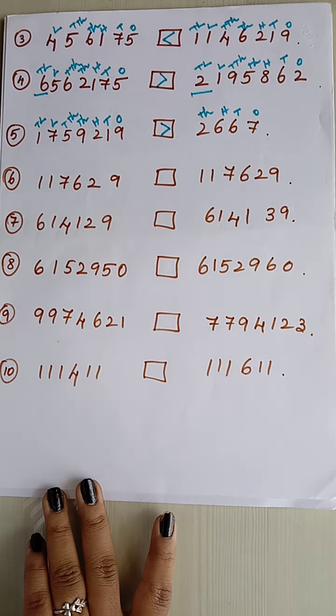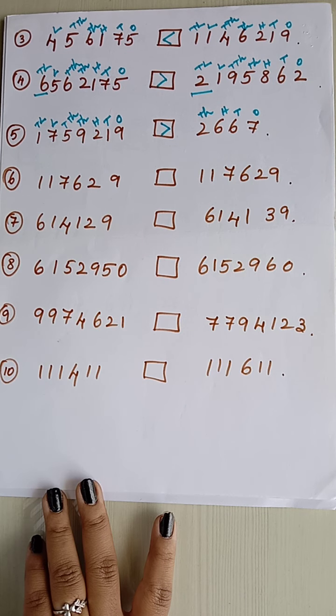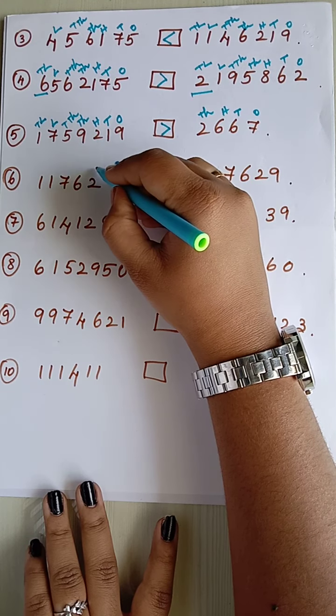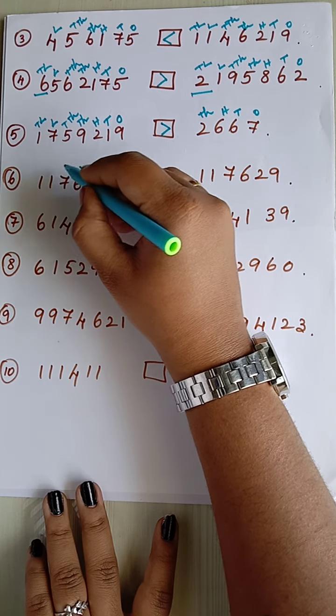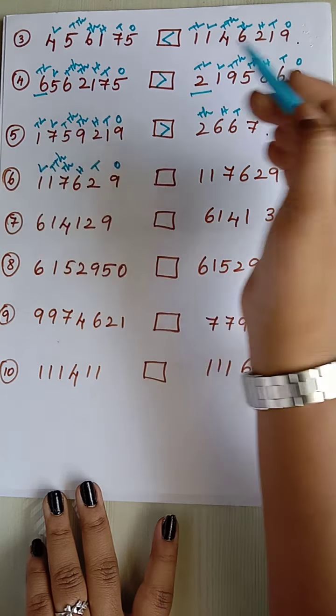Now next, the second sum. We have to write the place value first. So here: ones, tens, hundreds, thousand, 10,000, lakh.